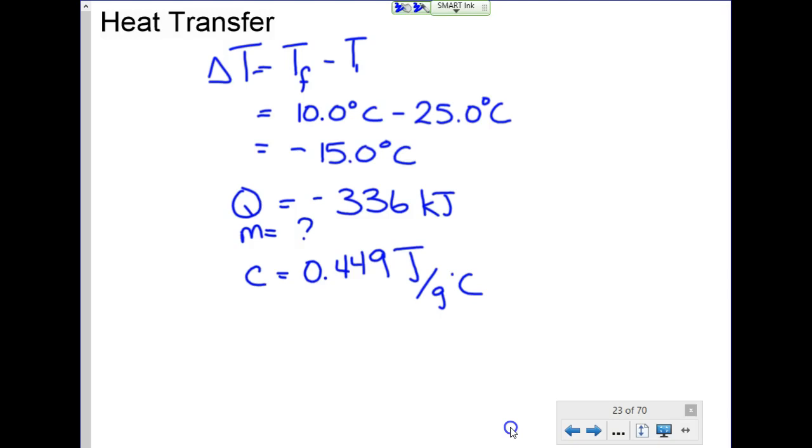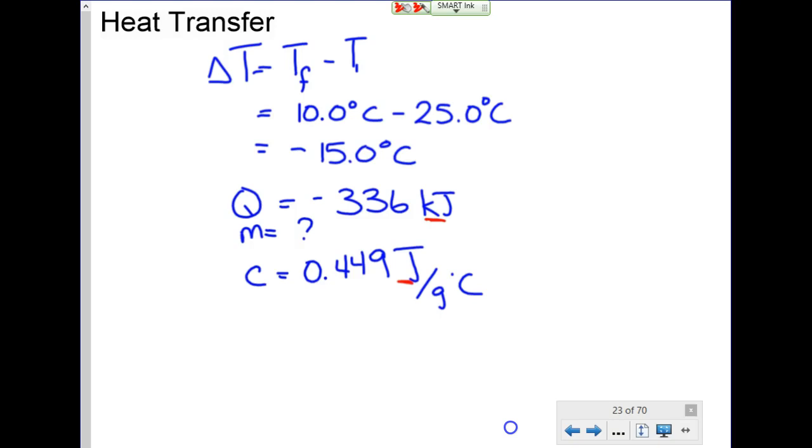Before we even start our formula work, there's one more thing that we have to do to this data. Two data don't match. If you look here, this is kilojoules. Here, that is joules. When I do my formula work, joules and kilojoules will not cancel out.